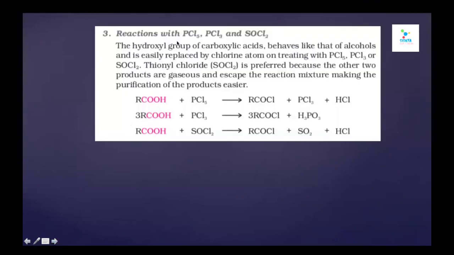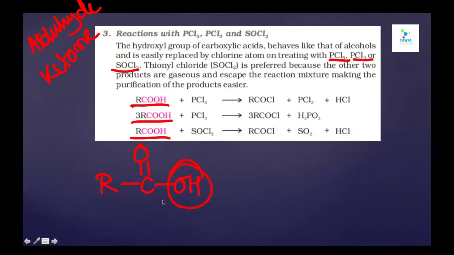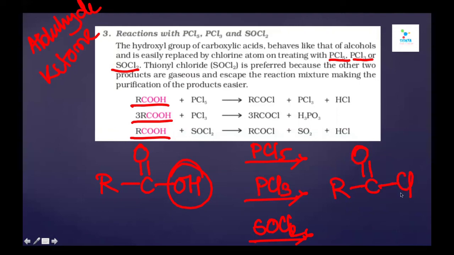Next, in your chapter on aldehydes and ketones, there is also a discussion of these reactions where PCl5, PCl3, and SOCl2 react with carboxylic groups also. Here it is the carboxylic group, RC double bonded O, OH. The hydroxyl group will be replaced by PCl5 as well as PCl3 and SOCl2. So the product will be RC double bonded O, and in place of OH, this time it will be Cl.